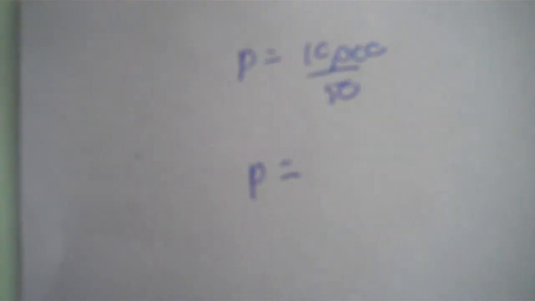Now I'll substitute those in and get my output. So P equals 10,000 divided by 50. That's going to be 200. So if G is 50, P is 200. Now I will put 100. P is equal to 10,000 divided by 100.